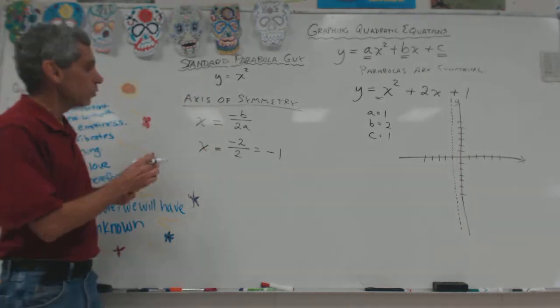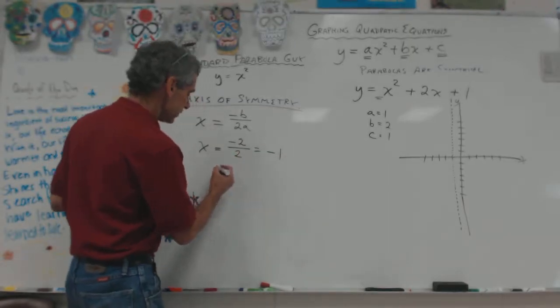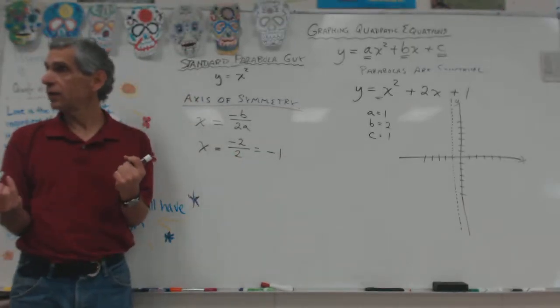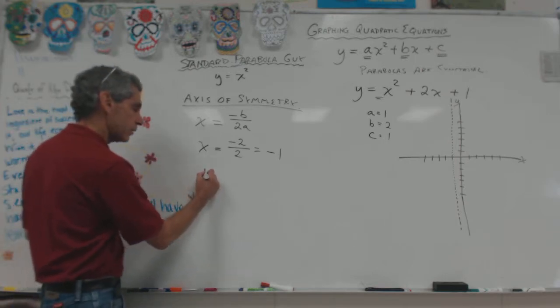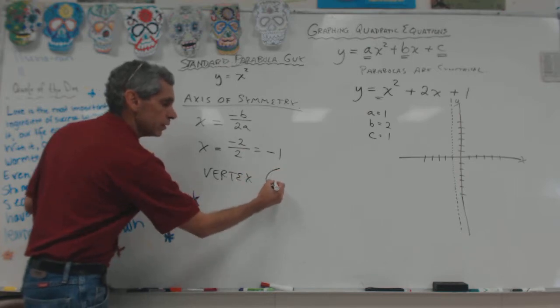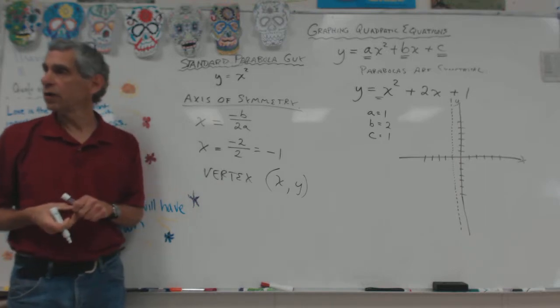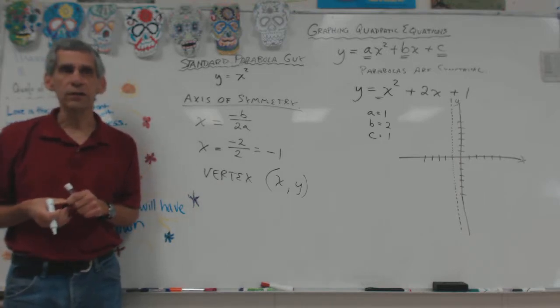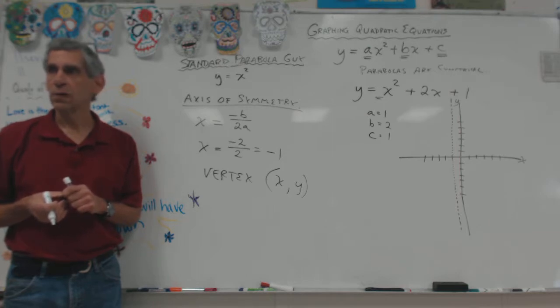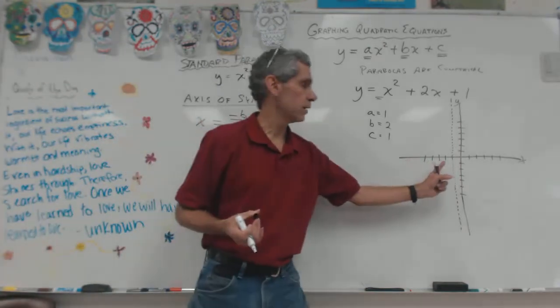And so we know that a vertex is a point. Am I right? A vertex is a point on a graph. So a vertex will be a point, x, comma, y. Do we already know what the x is of the vertex? What did we find out when we found the axis of symmetry?